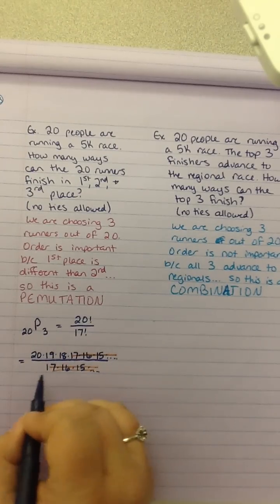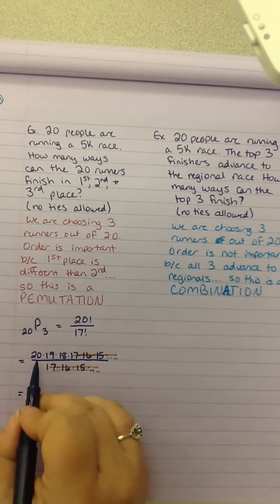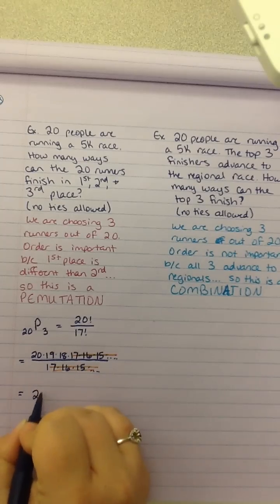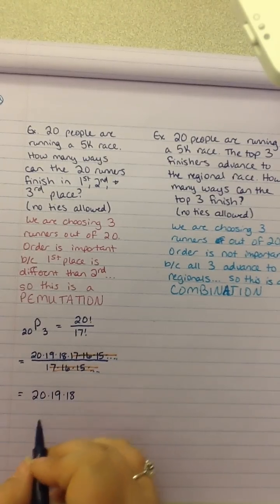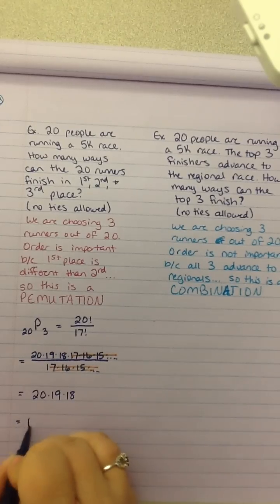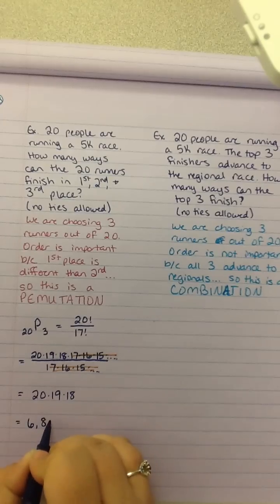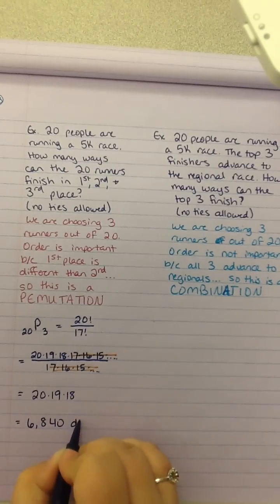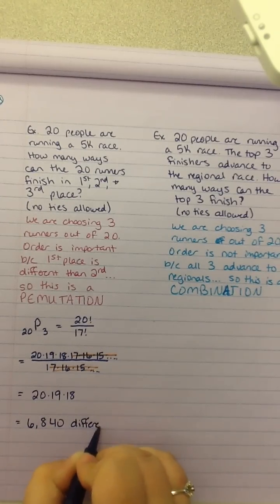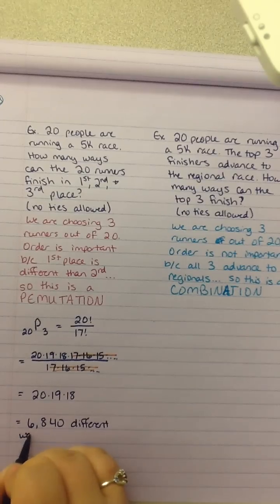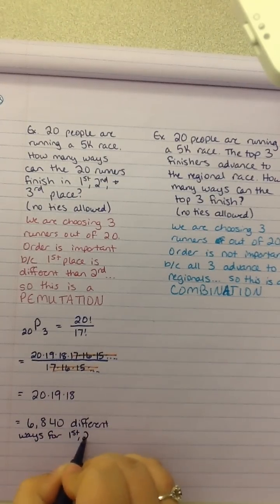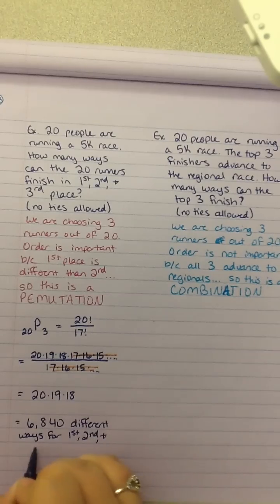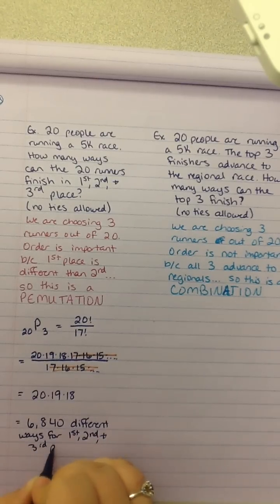You can if you want, that would be more precise, more power to you. This simplifies to 20 times 19 times 18. So if I do that in my calculator, I will get 6,840 different ways for first, second, and third places.